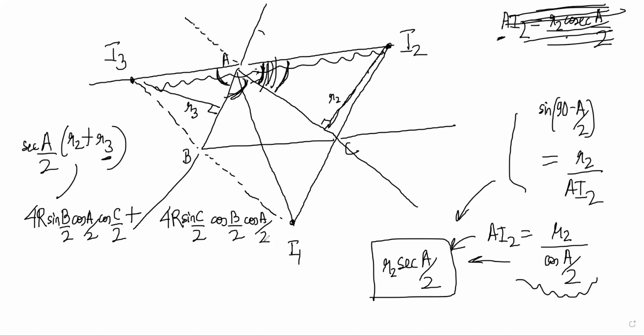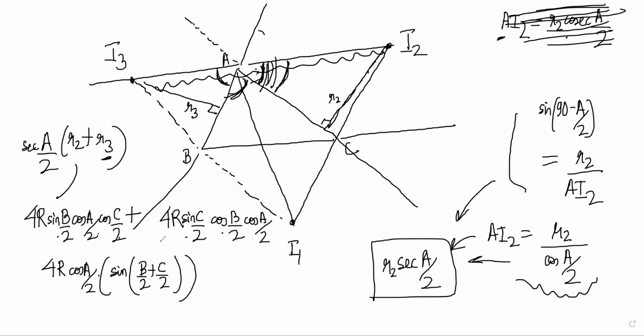If I take 4R cos A by 2 common here, what I'll get is sine B by 2 cos C by 2 plus cos B by 2 sine C by 2, which is sine of B by 2 plus C by 2.